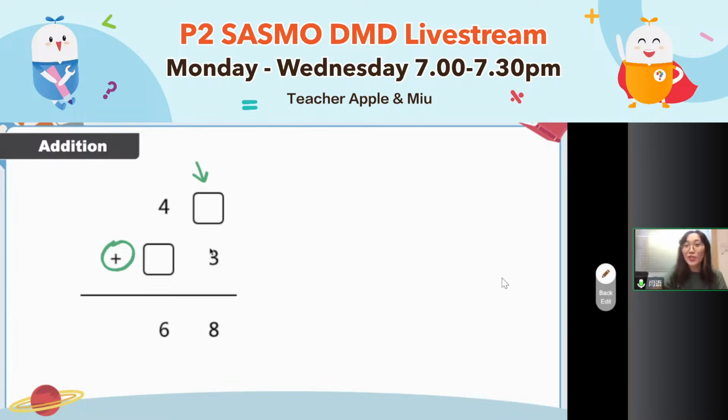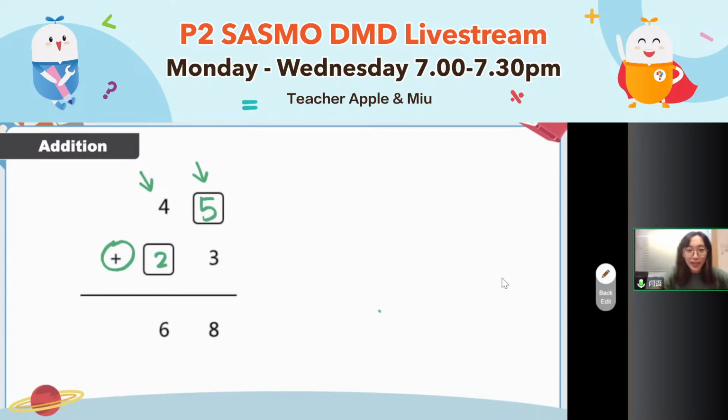Which number plus 3 equals 8? Yes, good job. 5 plus 3 equals 8, right? Super easy. And what about the first column? 4 plus what equals 6? Yes, good job. 4 plus 2 equals 6. So you see that this is the basic form of a number puzzle.